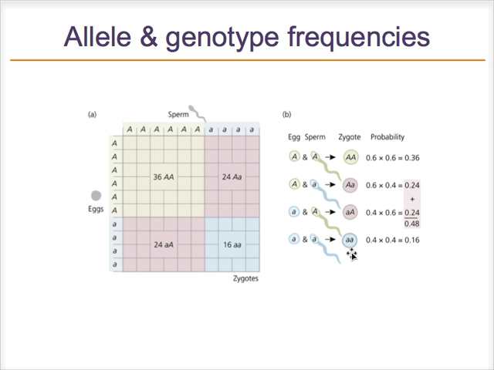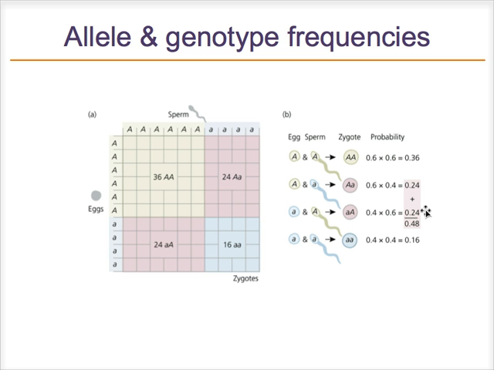For the heterozygotes, I just need to make sure that I understand that the probability that a capital A little a heterozygote will occur is 0.24, and the probability that a little a capital A heterozygote will occur is also 0.24. And more importantly, that these two cells are entirely equivalent.